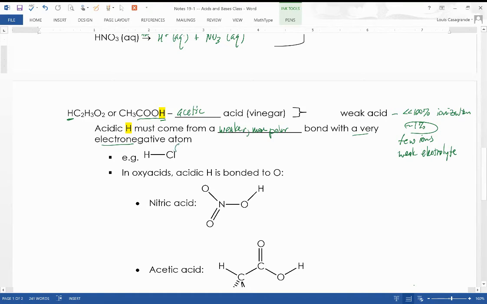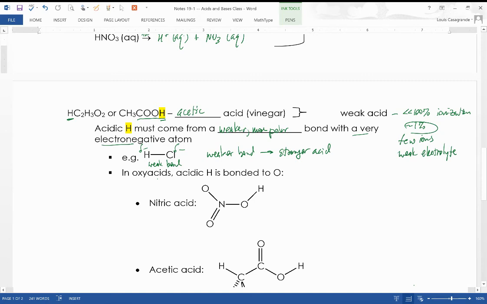This is polar. There's a delta plus and a delta minus. But this happens to be a weak bond, and that's what makes this a strong acid. A weaker bond gives you a stronger acid because it's easier to pull that hydrogen off. And the easier it is to pull that hydrogen off, the stronger the acid's going to be.